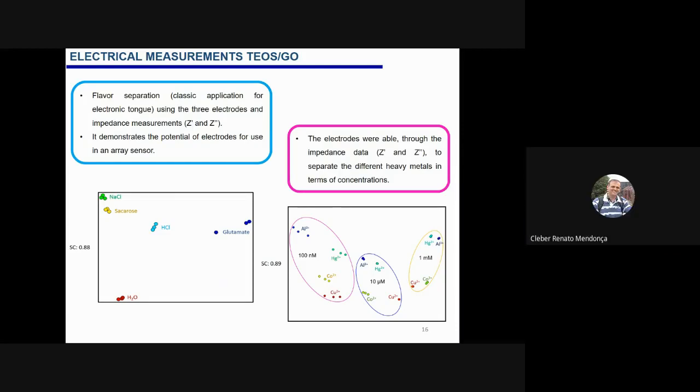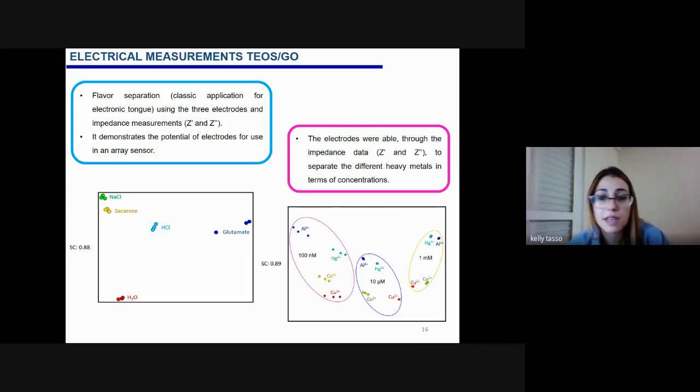And it's possible that the fabricated sensor is capable of discriminating the solutions analyzed without any superposition between them, demonstrating the potential of the electrodes for use as an electronic tongue sensor. The electrodes were able, through the impedance data, to separate the different heavy metals in terms of 3 concentrations tested.